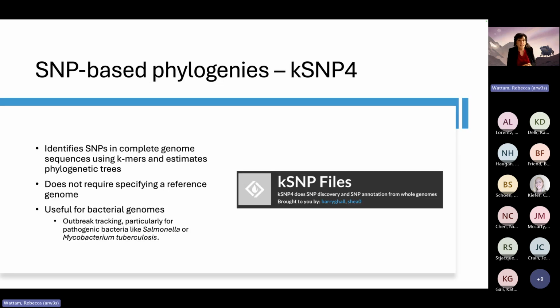Oh, I don't want to forget this one because this is really gaining in popularity, kSNP4. So we talked briefly about single nucleotide polymorphisms, which is what all of these things are based on at some different level. If it's a nucleotide sequence, you're looking for the individual changes in the nucleotide. And if it happens in one, like an A changes to a T or a C or a G, that is a single nucleotide polymorphism at that place.